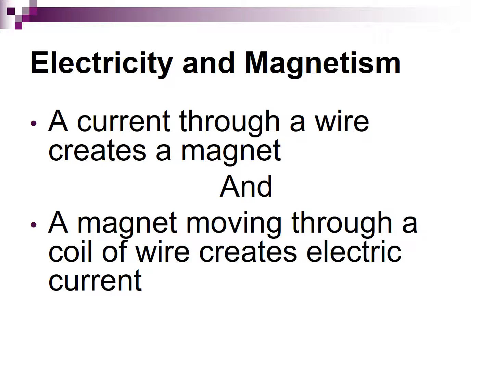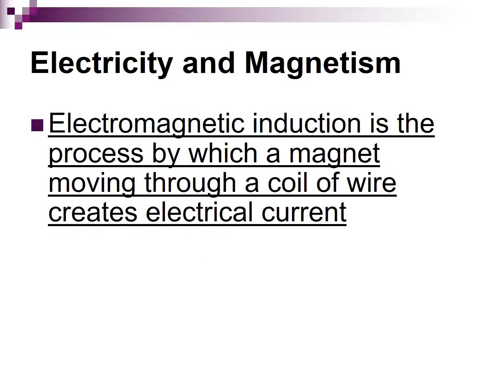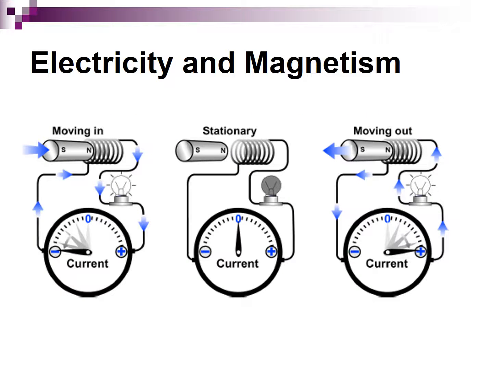The creation of a magnet is through a current flowing through a wire, and a magnet moving through a coil of wire creates electric current. When we say electromagnetic induction, this is when a magnet is moving through a coil of wire, which creates an electric current. We see this electromagnetic induction in these pictures.